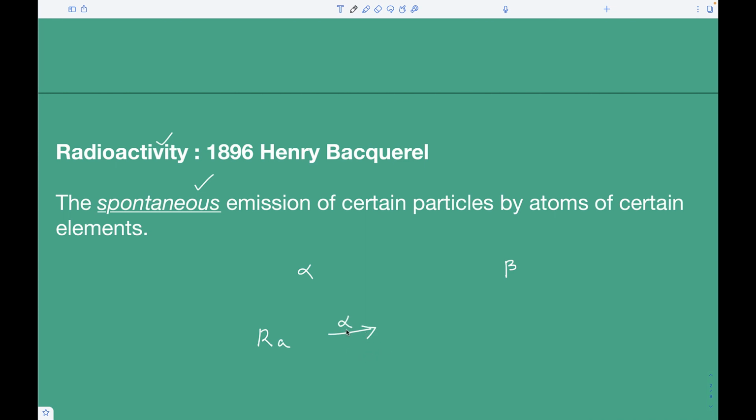After emitting an alpha particle, radium transforms or changes into an entirely different element called radon. So the interesting thing here is a radioactive atom, after emitting alpha or beta particle, changes into an entirely different element with different chemical properties.